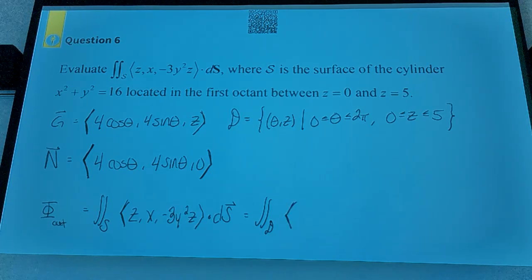Evaluate the vector field along the parameterization. Z is Z, X becomes 4 cosine of theta, then negative 3 Y squared is 16 sine squared of theta, Z is Z. And then dotted with, I don't have enough room.